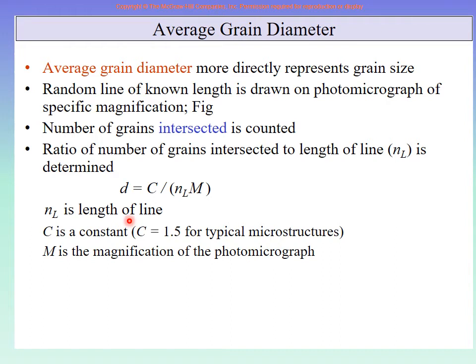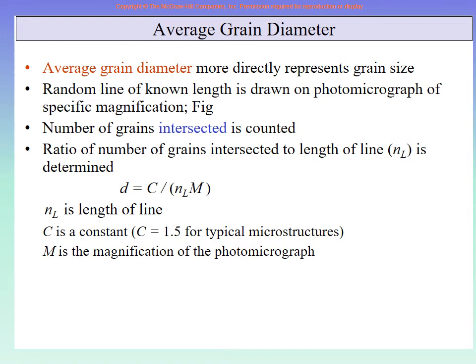We take the magnified image of the microstructure, take a line of say 1 centimeter, and count the number of grains intersected by this line, right? C is a constant, and for normal microstructure, C is taken to be 1.5, and M is the magnification.